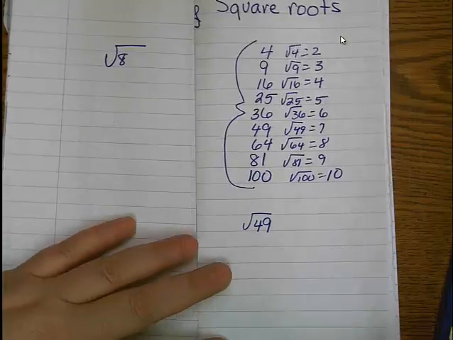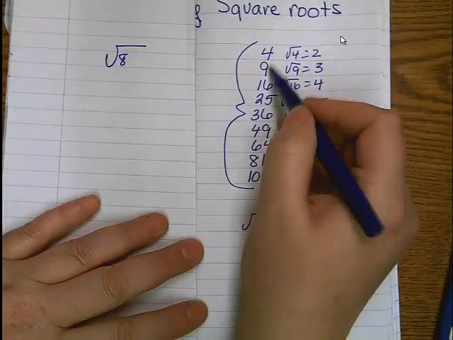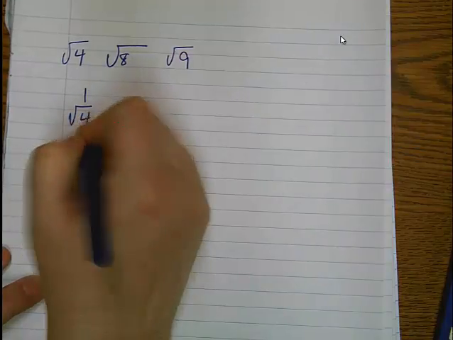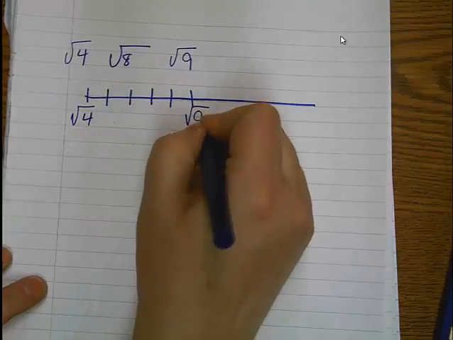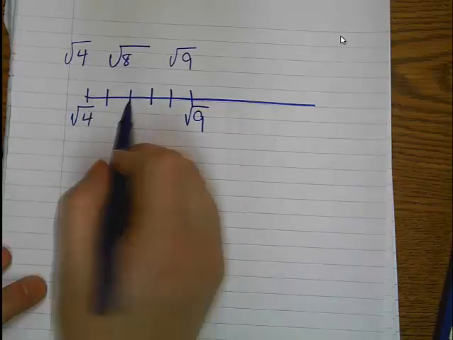I want to know the square root of 8. So, the first thing we have to do is find out what two numbers it falls between. It falls between 4 and 9. So, the square root of 4 and the square root of 9. So that's the square root of 4, 5, 6, 7, 8, 9. So halfway between that would be 2.5.